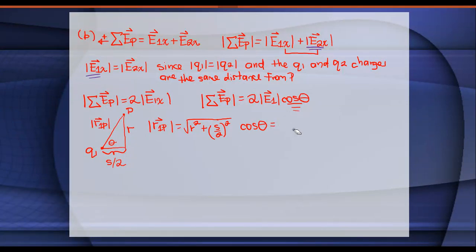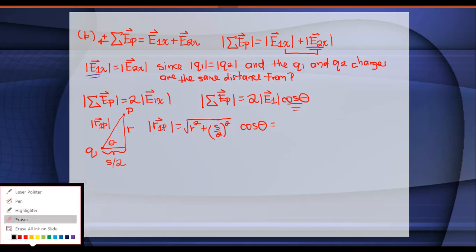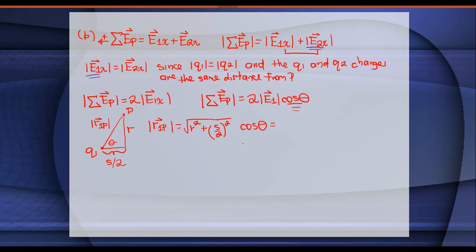Side adjacent is S over 2. So this would be S over 2 divided by the hypotenuse, which we just calculated, which is the square root of R squared plus (S over 2) all squared.